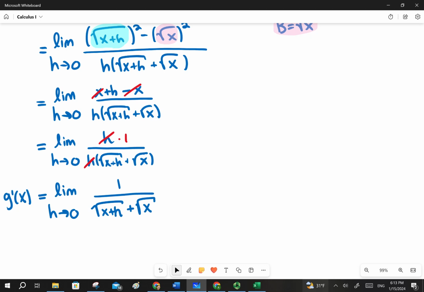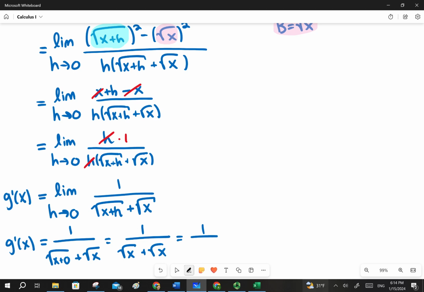And then we finish the problem by letting h go to 0 to say that g prime of x is 1 over the square root of x plus 0 plus the square root of x, which is 1 over the square root of x plus the square root of x, which is 1 over 2 times the square root of x.